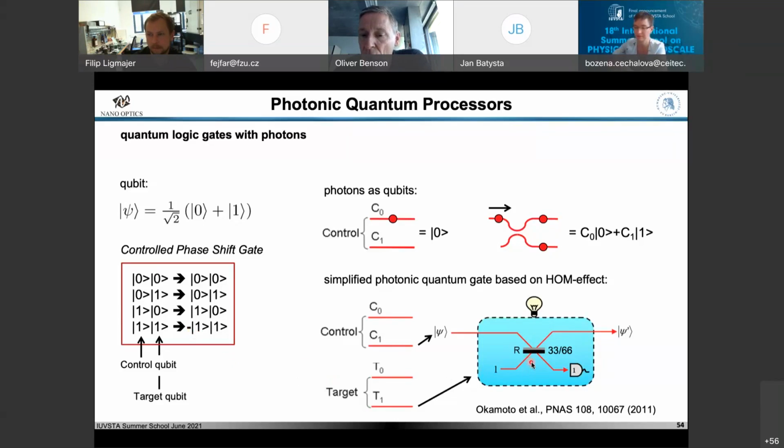These two processes, one reflected, one transmitted, do not cancel perfectly. So you have a finite probability that one photon is going here and one photon is going here, but they would accumulate a minus sign. And if the photon is here or here, nothing is happening. So this Hong-Ou-Mandel effect could be an ingredient for realizing such a photonic quantum gate.